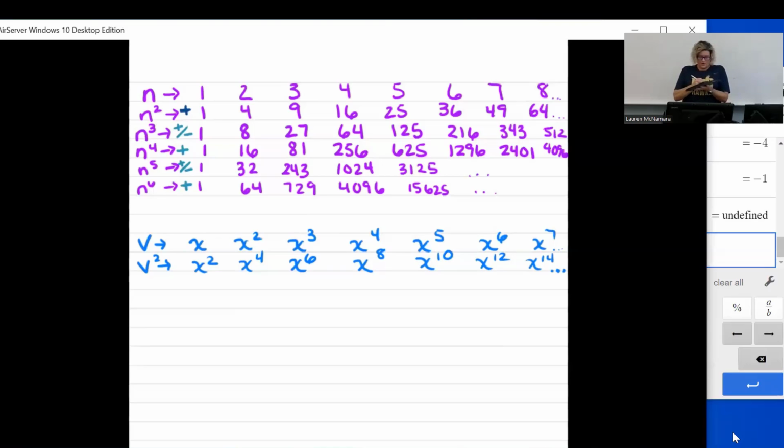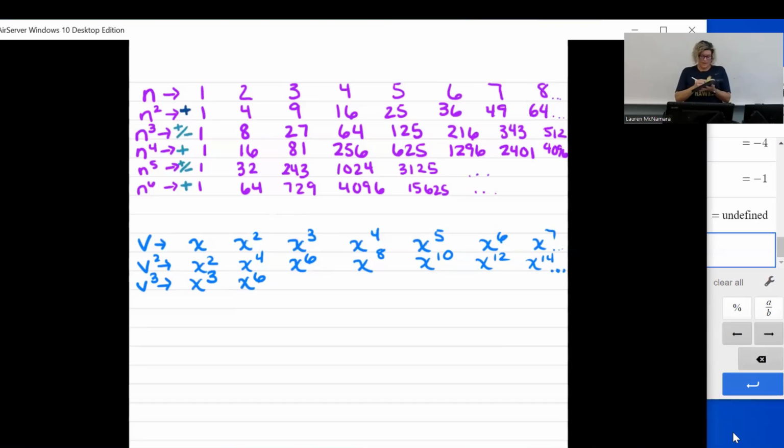All right, let's talk about our variables cubed. So now I'm going to go back up to the top, and now I'm going to start cubing them. So I have x cubed. Then my next one, what's my next one going to be? X to the 6th.